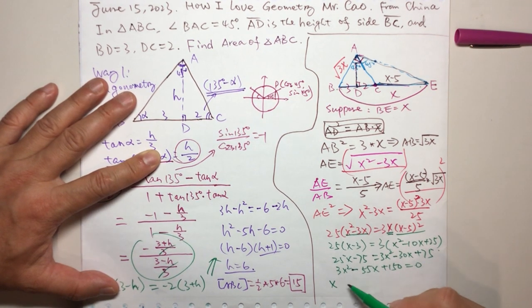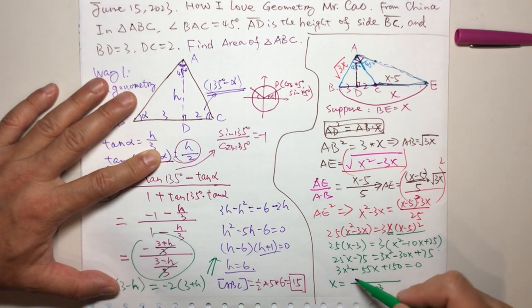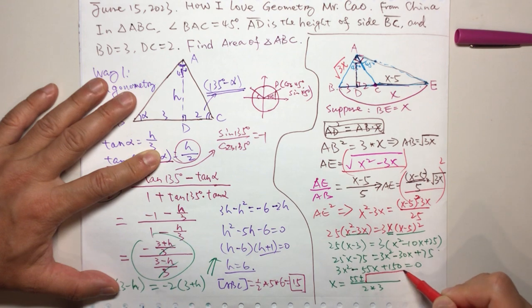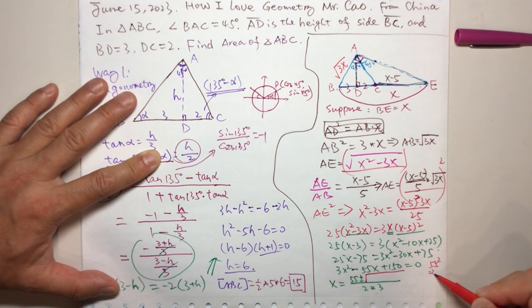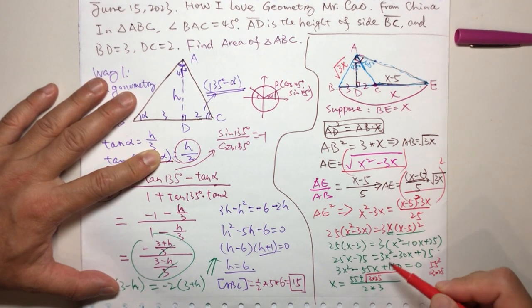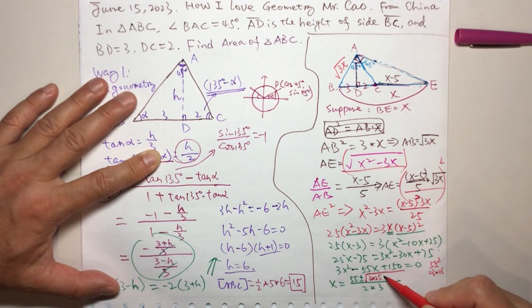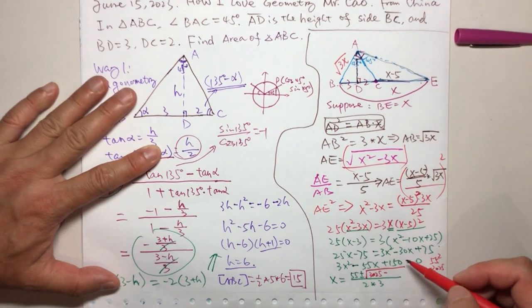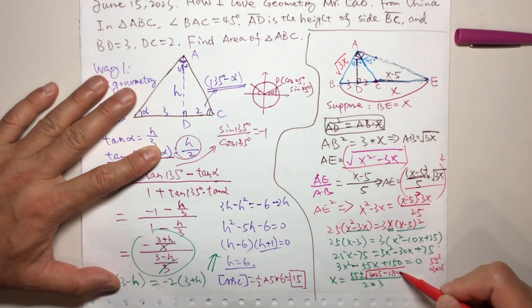According to the formula, I can get x equals 55 plus or minus the square root of 55 squared, which we know equals 3,025, minus 4 times 3, which is 12, times 150, which is 1,800.